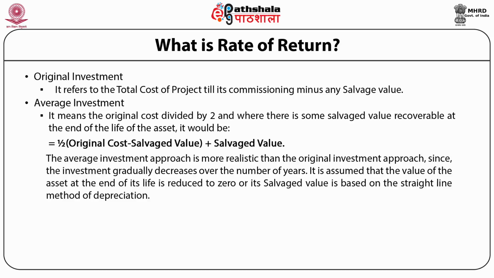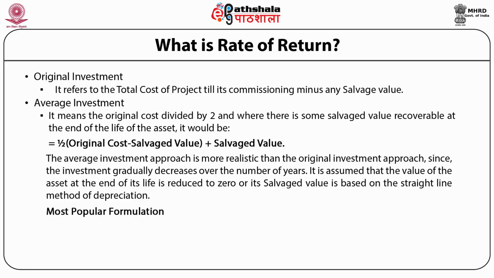The average investment approach is more realistic than the original investment approach since the investment gradually decreases over the number of years. It is assumed that the value of the asset at the end of its life is reduced to zero, or its salvage value is based on the straight line method of depreciation.